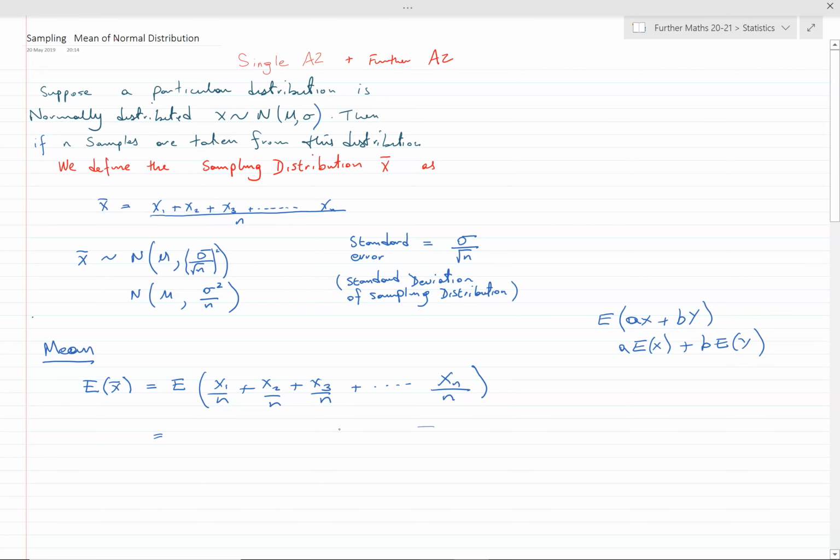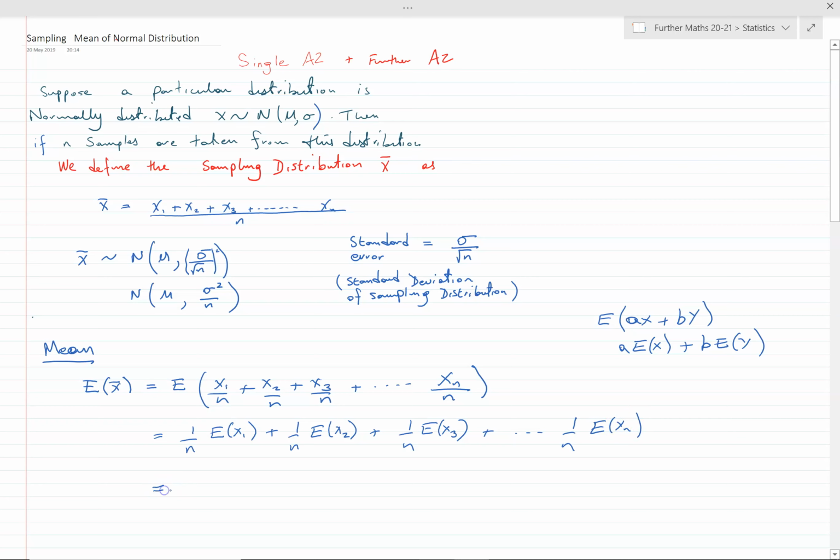We can say x1, x2, x3 and so on are our random variables. So we can use this idea to say that's 1 over n E(x1), plus 1 over n E(x2), plus 1 over n E(x3), and so on, up to 1 over n E(xn).